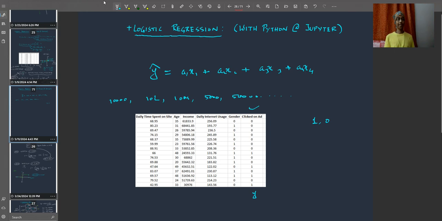And to ascertain that or to predict that, we have been given certain features. That is, we have been given daily time spent on site. This we can say is x1. Age, we can say x2. Income, x3. Daily internet usage, x4. Gender, x5.